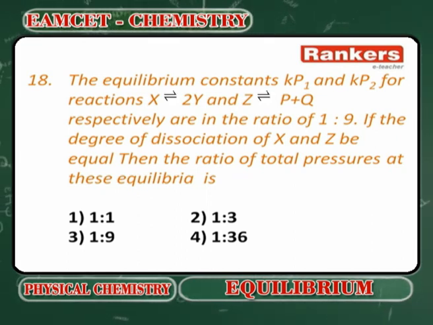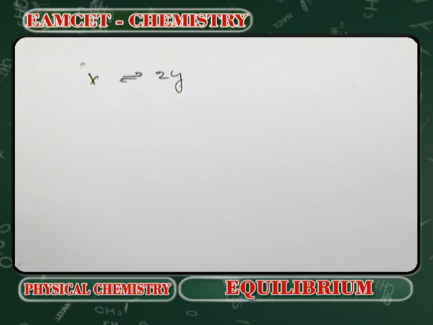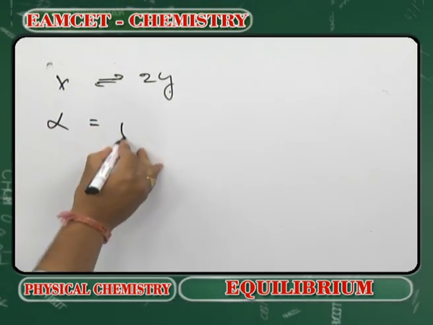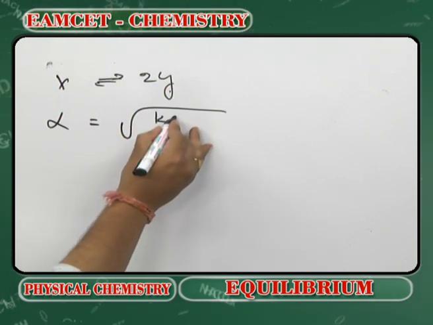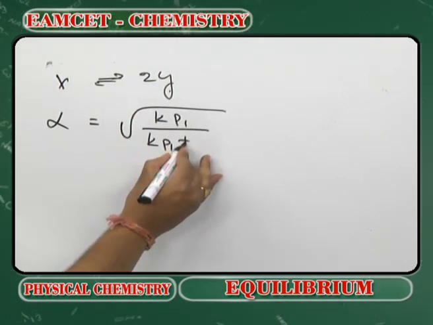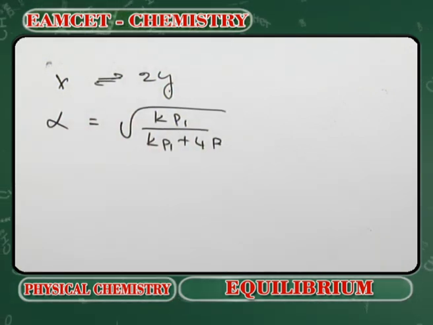Next question. This is an important point. Kp1 and Kp2. For the equilibrium X gives 2Y, alpha is equal to the square root of Kp1 by Kp1 plus 4P. And what is the other equilibrium?